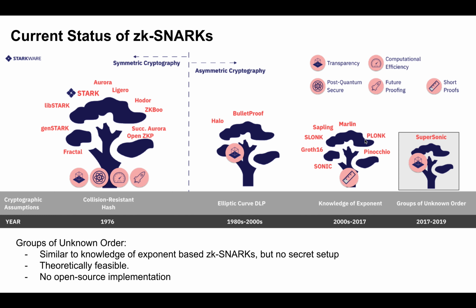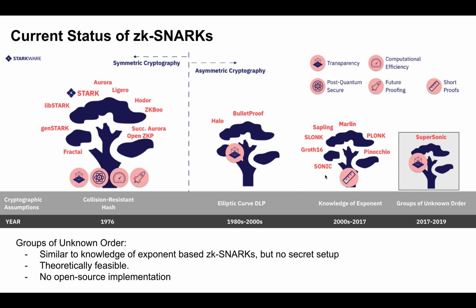The last assumption is called the group of unknown order. It is another new assumption proposed in recent years, and only one new construction so far, called Supersonic, is based on it. Actually, you can see Supersonic is a work improving the construction called Sonic.